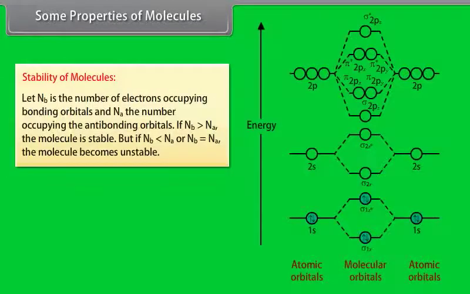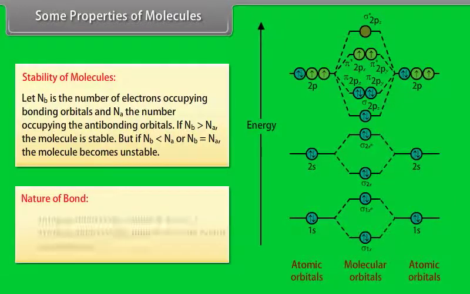If Nb is the number of electrons occupying bonding orbitals and Na is the number occupying the anti-bonding orbitals, if Nb is greater than Na, the molecule is stable. But if Nb is less than Na or Nb is equal to Na, the molecule becomes unstable.